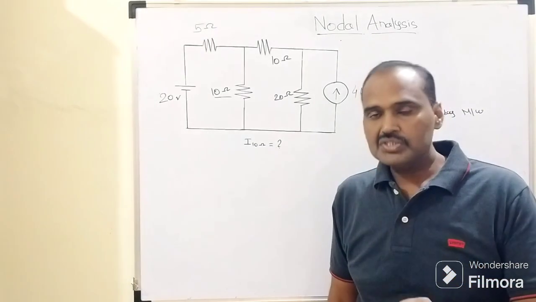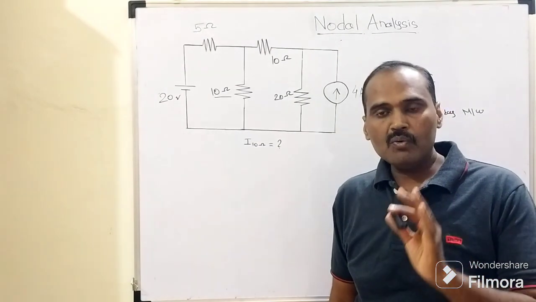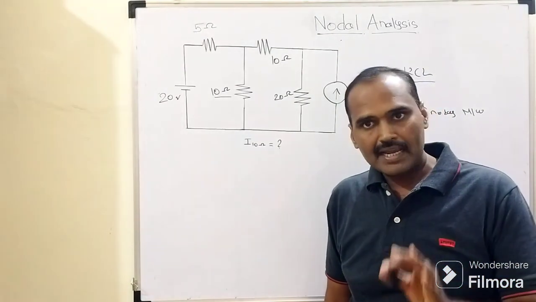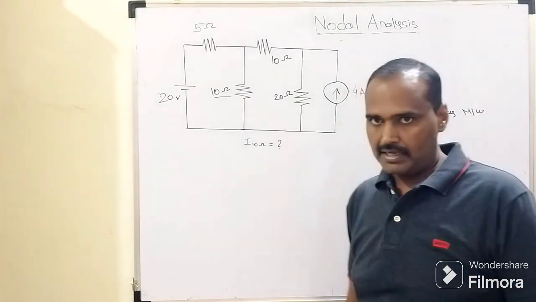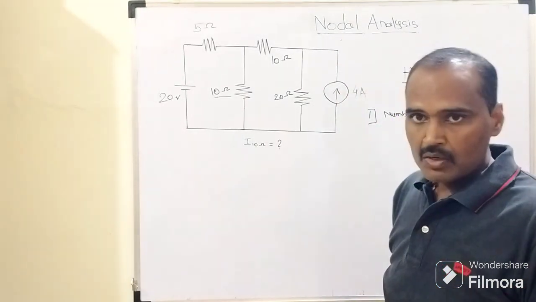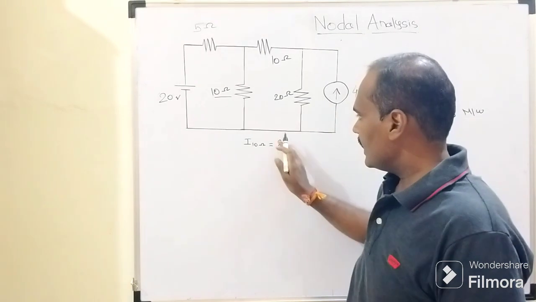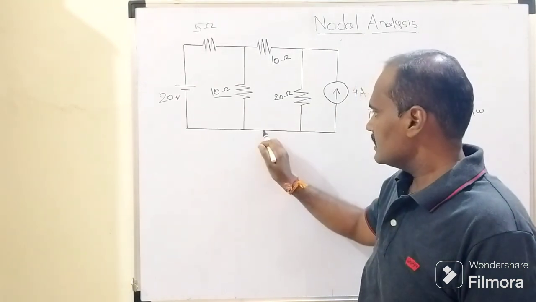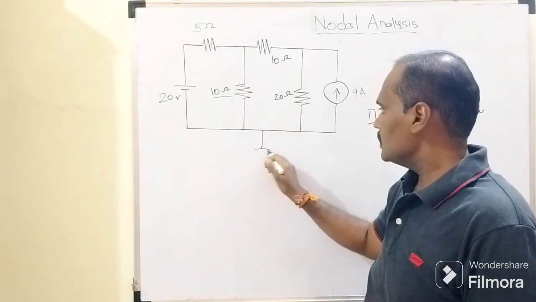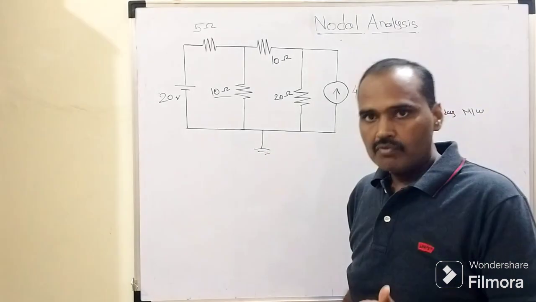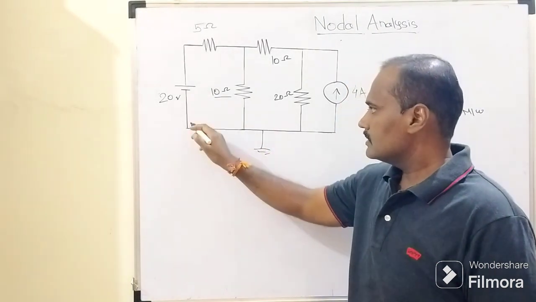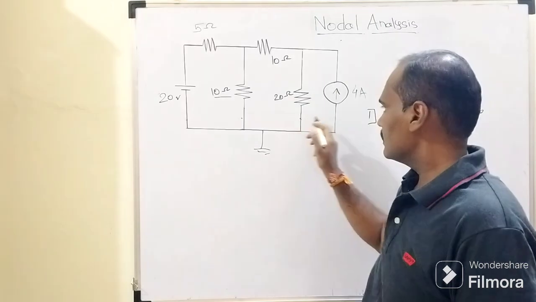So in the first step we need to observe how many nodes we have in the existing network, right? As I told you earlier, a node is nothing but the point at which multiple branches are interconnected with each other. For the sake of the moment, as you can see, this will be the first branch, second, third and fourth.